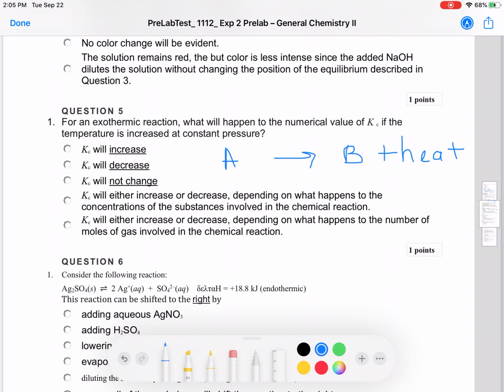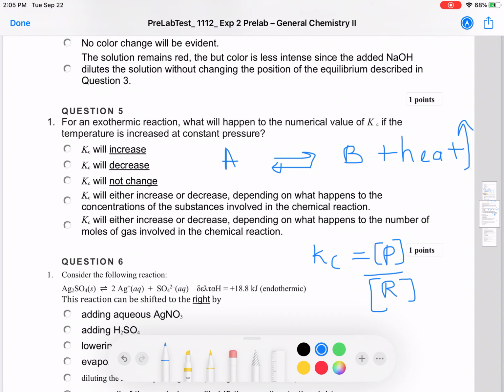What will happen to the numerical value of Kc if the temperature is increased? So this is at equilibrium. When you increase the temperature, you are increasing one of the products. Kc is the product concentration over the reactant concentration.